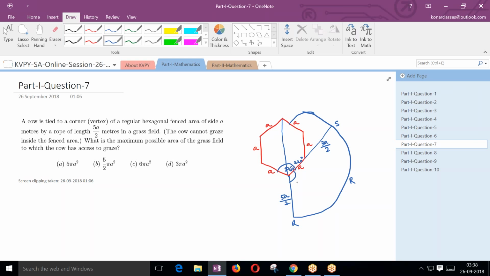As this has to be 60, so this has to be 120 degrees. So the area of the region PQRS should be 120 divided by 360 into pi r square. What is r? R is the radius, that is 5a by 2, so pi into (5a by 2) whole square.